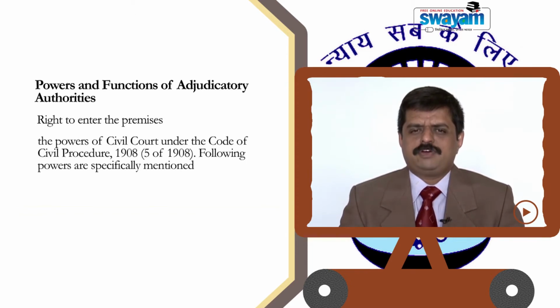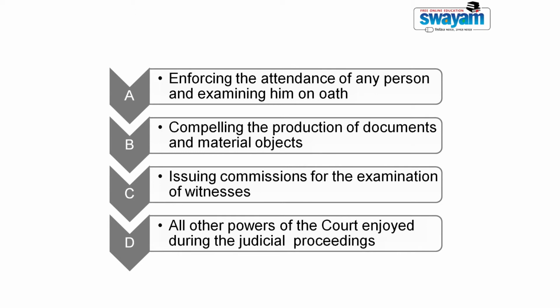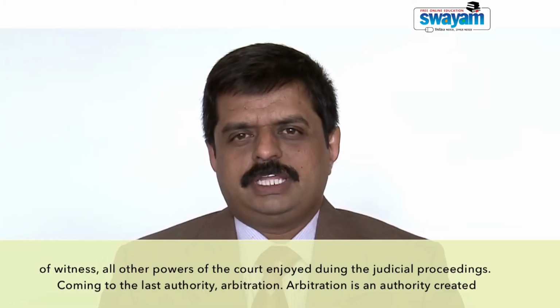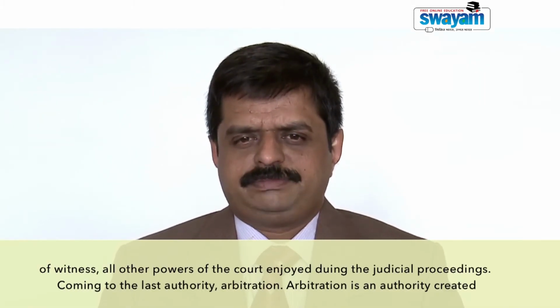Other important powers are enforcing attendance of any witness, examination on oath, compelling the production of documents and material objects, issuing commissions for examination of witnesses, and all other powers of the court enjoyed during judicial proceedings.